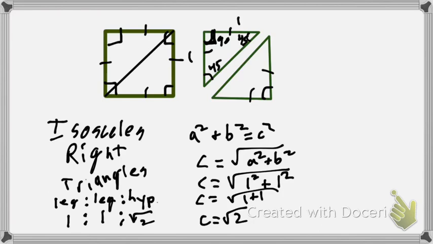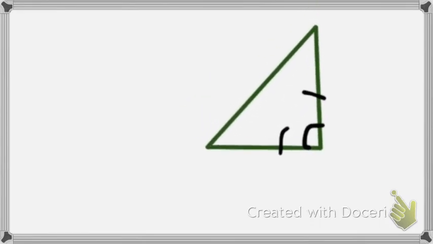And it has a basic ratio of 1 to 1 to the square root of 2. So let's put that to the test. So here we have a much larger triangle. Let's say that this is 10 and 10.